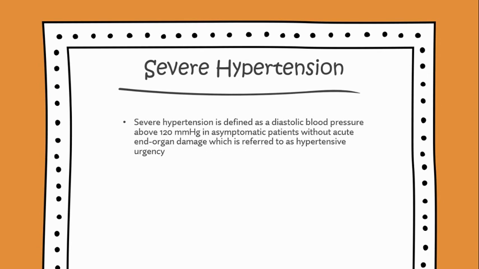Severe hypertension is defined as a diastolic blood pressure above 120 millimeters of mercury in asymptomatic patients without acute end organ damage, which is referred to as hypertensive urgency.